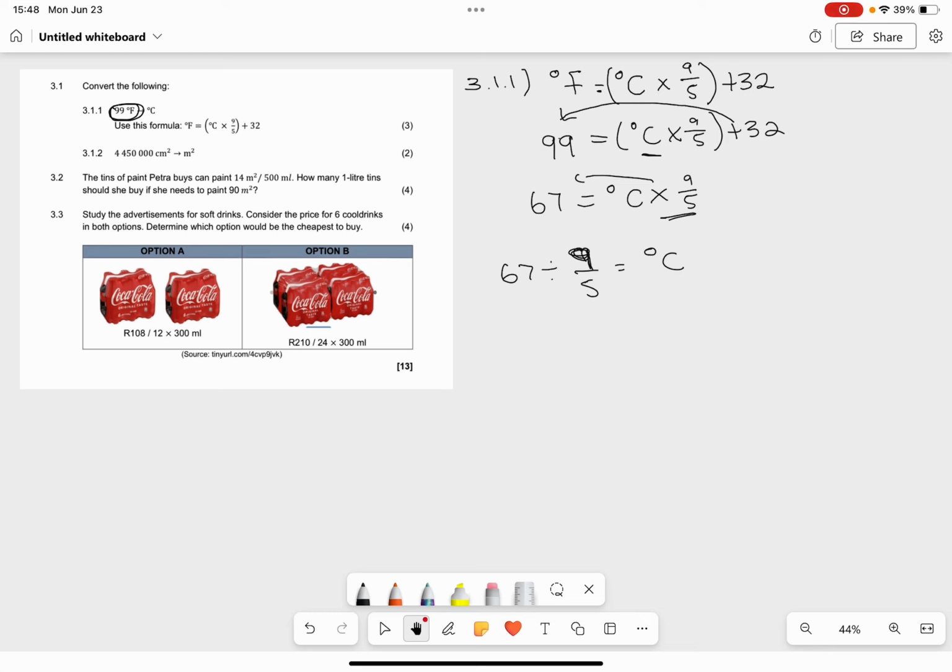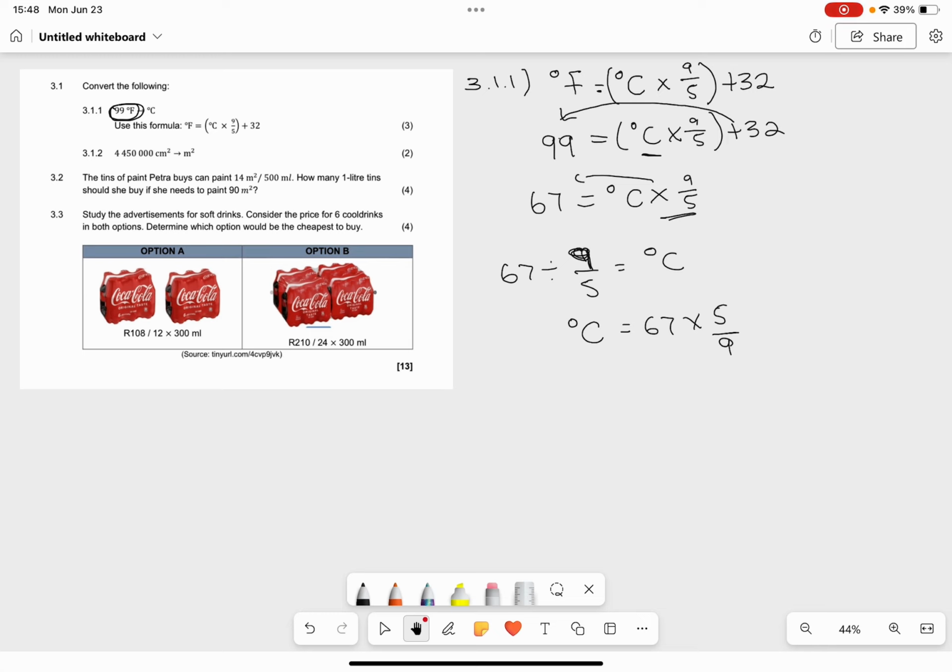So then remember that when you're dividing by a fraction, you tip and times. So it'll be 67 times 5/9. Does 9 go into 67? No, it doesn't. So you're just going to use a calculator then.